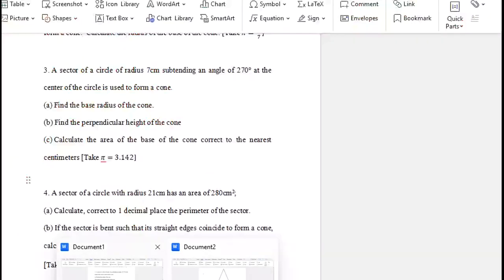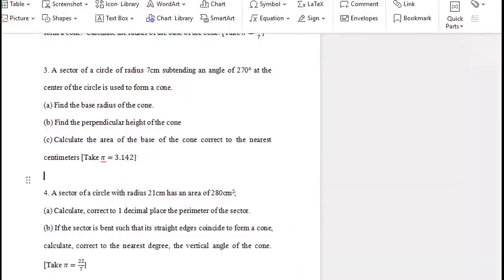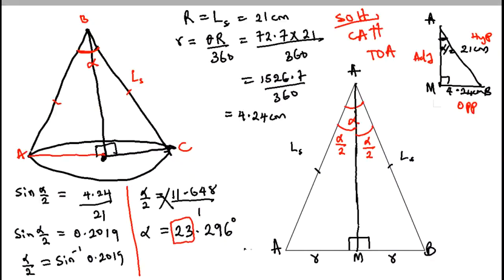The question says we should round off to the nearest degree, which means the nearest whole number, and the whole number here is 23. The next digit is 2, which is less than 5, so I can't round up. My answer becomes that alpha is approximately 23 degrees to the nearest degree. Thank you.